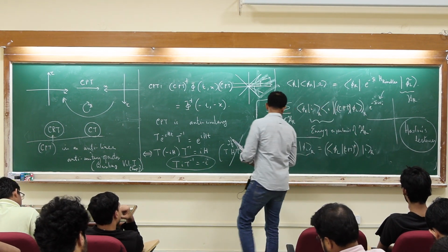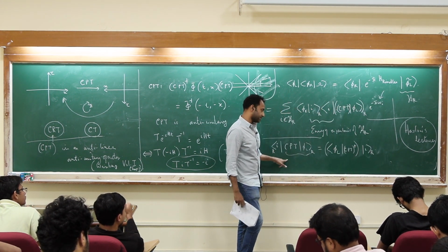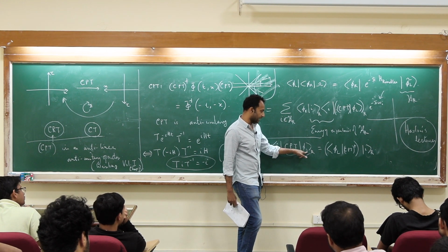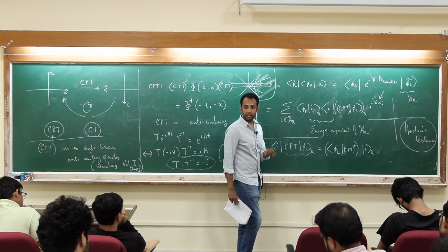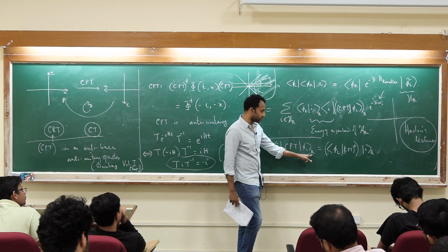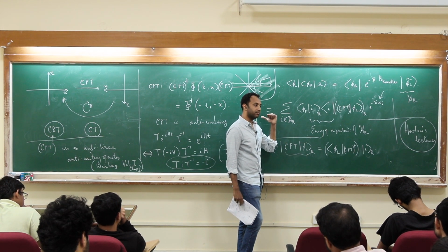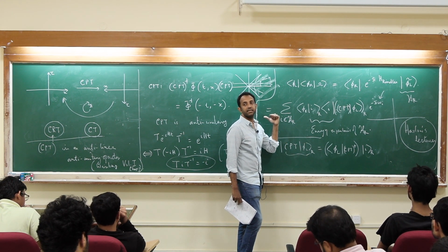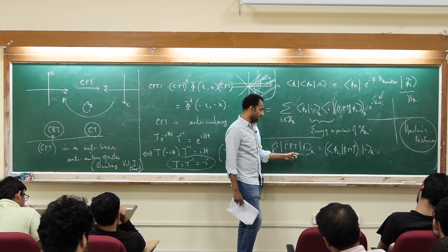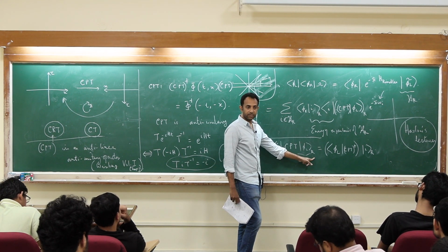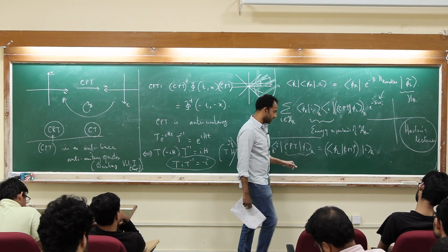Okay. So I'm emphasizing where all these states are living. CPT acting on phi L is living on phi R, on the right Hilbert space. Okay, that's where the subscript is here. Phi L is a state in the left Rindler wedge, but if CPT acts on it, now I'm in the right Hilbert space. Okay, so that's why I'm putting this thing here.